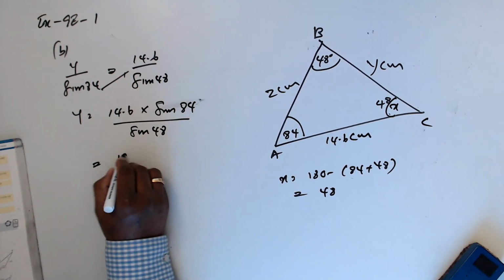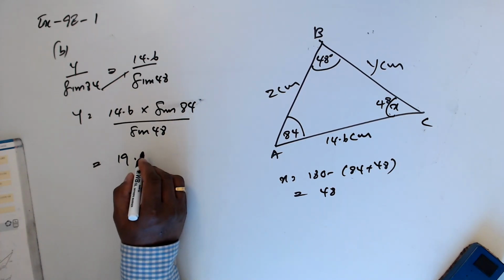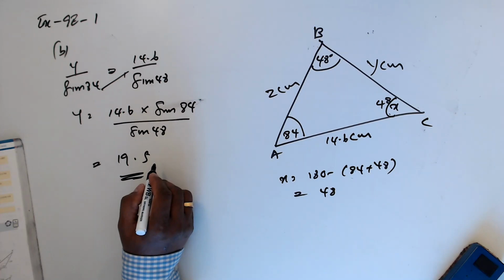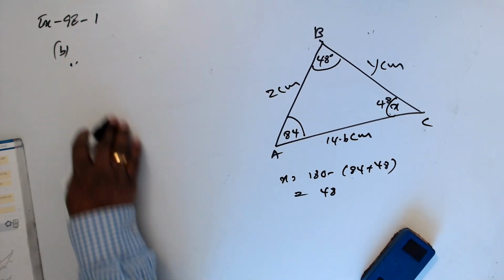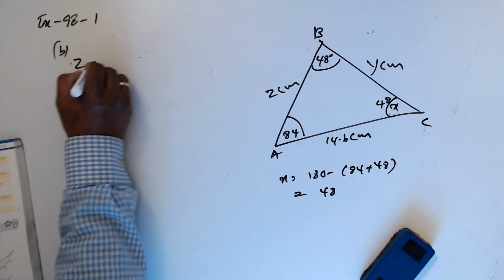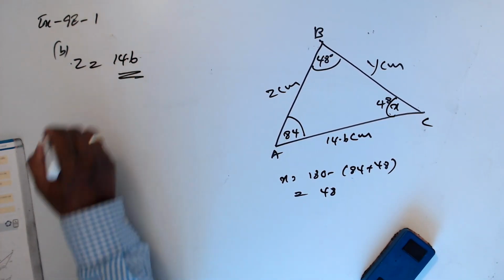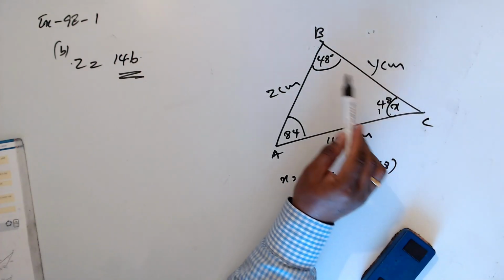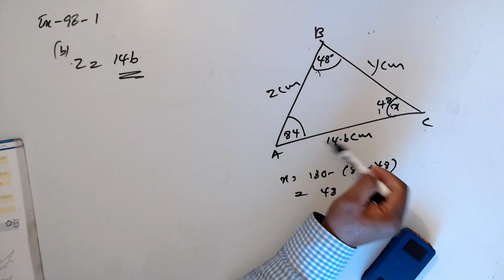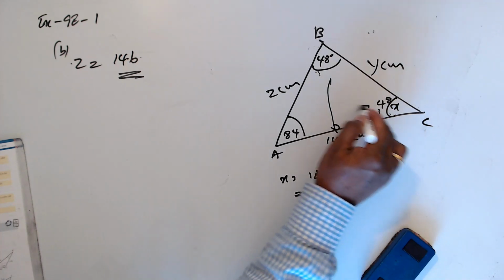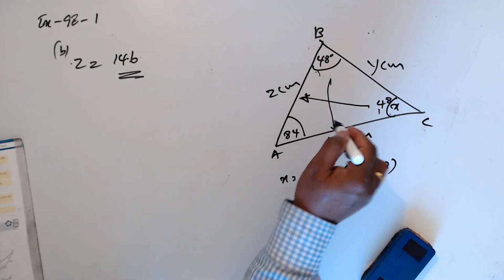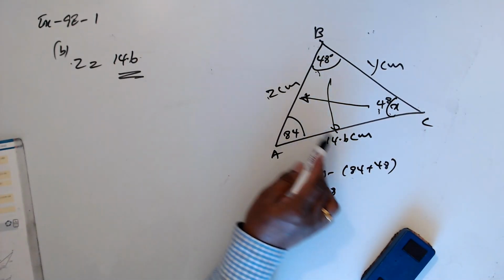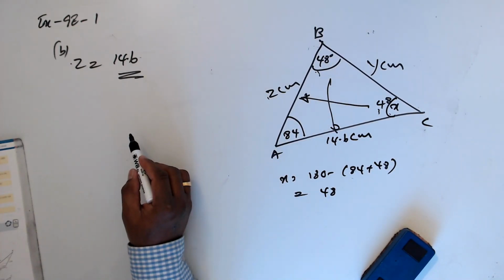So y equals 19.5. Actually for z, z equals 14.6. You don't need to do one more because this is 48 and this is 48. This is isosceles, then the lengths are equal. So then z equals 14.6.